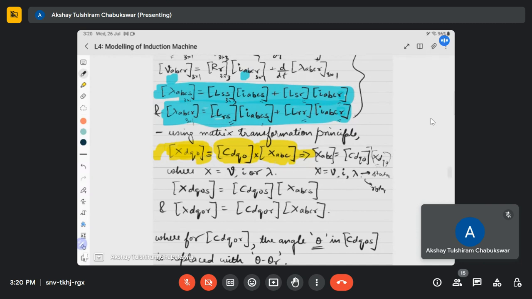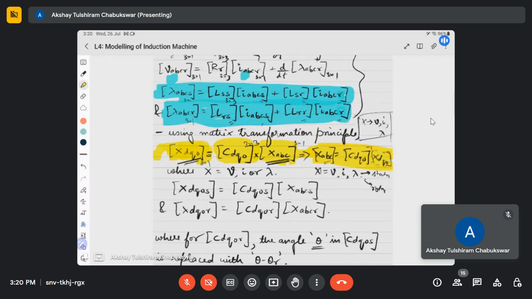What you did was transform the ABC quantity into a DQ0 quantity. That quantity X can be voltage, current, or flux linkage, any quantity. So X dq0 is 3 cross 1, CDQ0 is 3 cross 3, and X ABC is 3 cross 1. X dq0 equals CDQ0 into X ABC. So what is X ABC? It is the inverse of CDQ0 times X dq0. Correct?